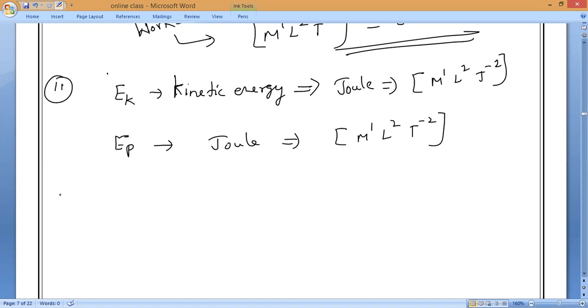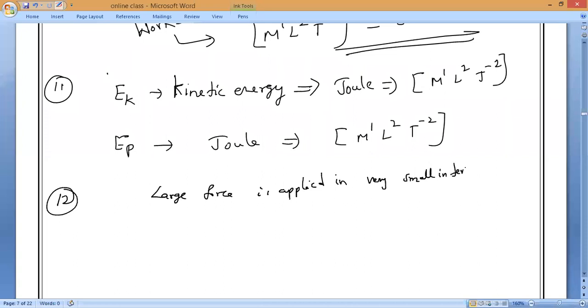Next, first time you might have heard it. If large force is applied in a very small interval of time, keep it in mind, large force applied in very small interval of time, we call it impulse.